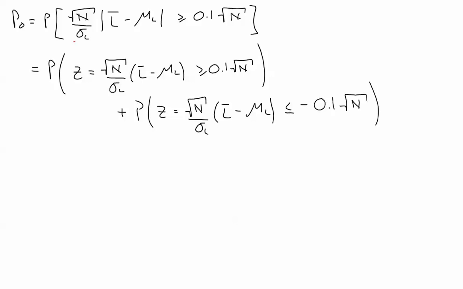You'll notice that up here, I was not indicating that the stuff I just underlined in red was equal to z, because z does not have absolute values in it.